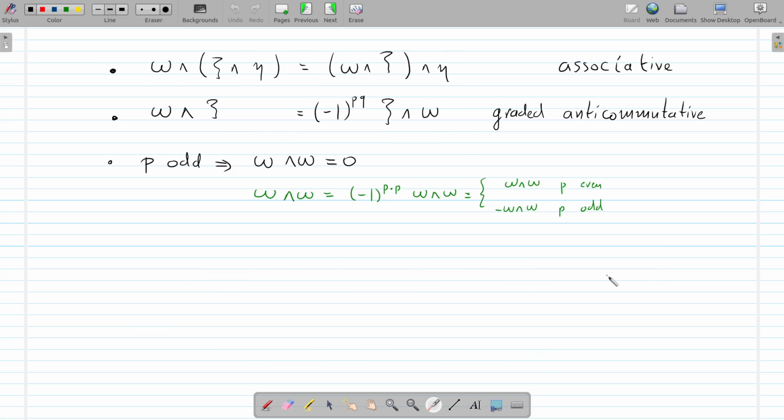Let's see some of the general properties of the wedge product. First of all, the product is associative, so it doesn't matter which order we choose to compute it. We can compute first the wedge product of xi and eta and then with omega, or compute first omega with xi and then with eta.